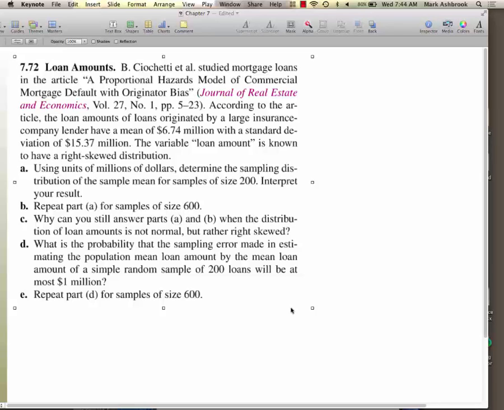Those are really big loans, right? So the mean was 6.74 million and a standard deviation of 15.37.